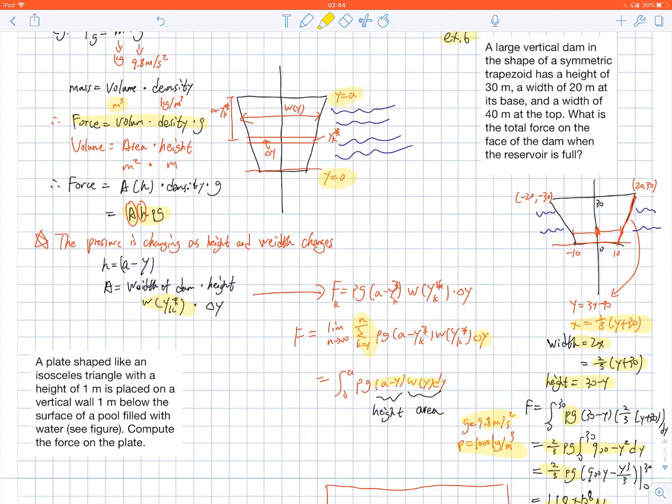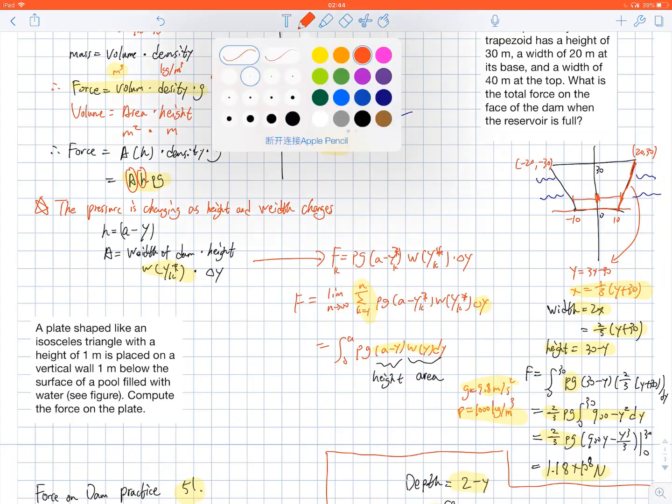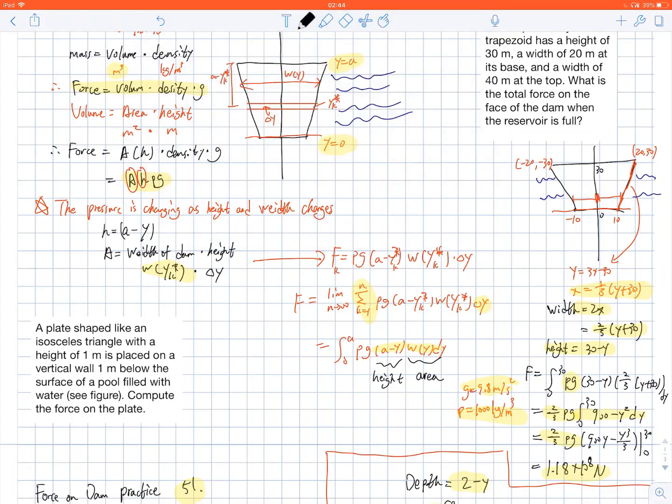Putting that all together, for each thin slice of the dam, we're going to have F_k, which is p times g times (a minus y_k star), which is the height of that slice, times the width of the slice times the height of that slice, which both make up the area.